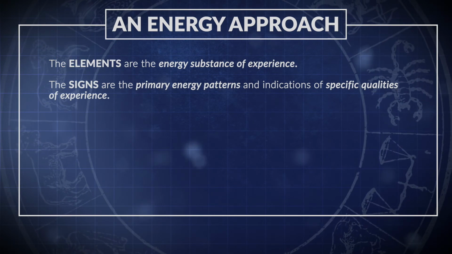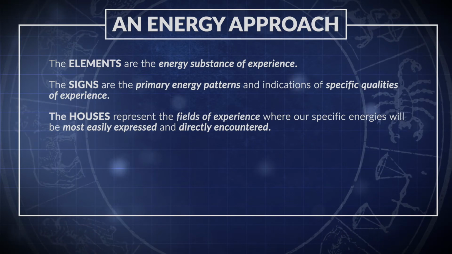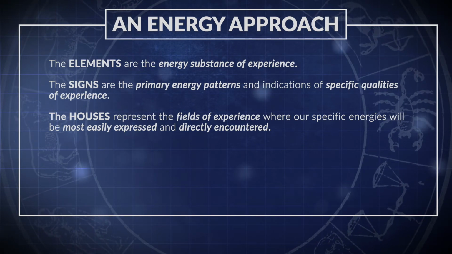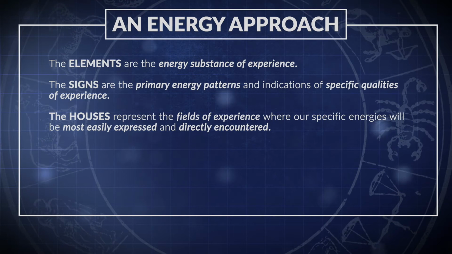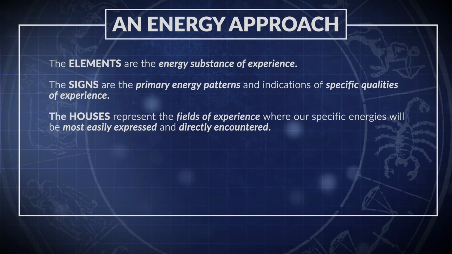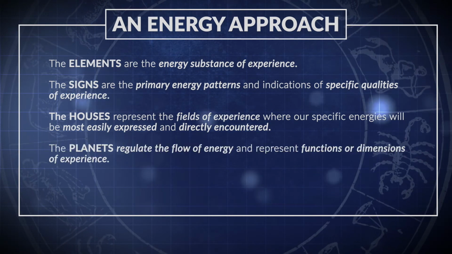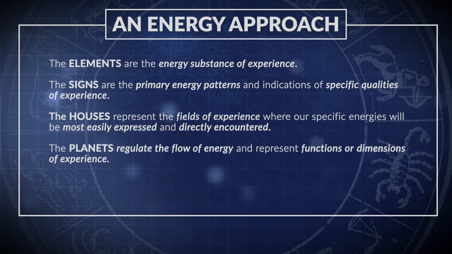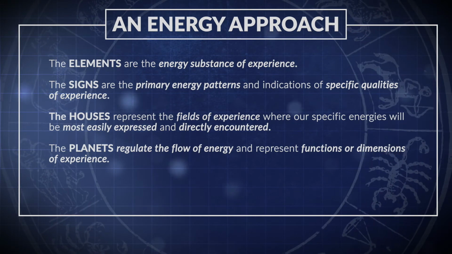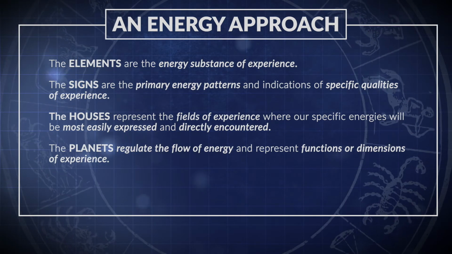Then we can define the houses as representing fields of experience and places where our specific energies will be most easily expressed and directly encountered. Then we can define the planets as regulating the flow of energy and representing functions or dimensions of experience.